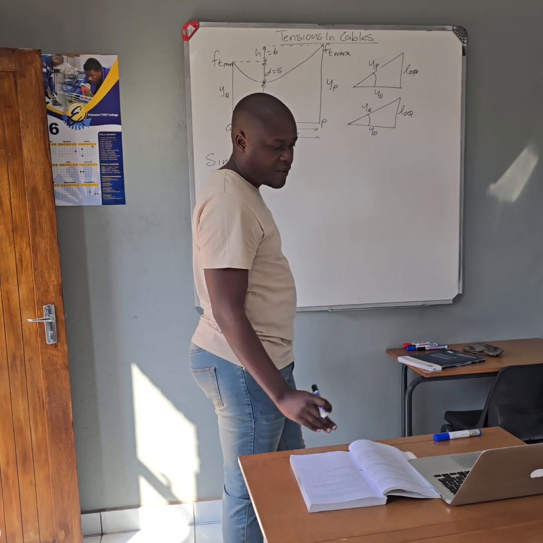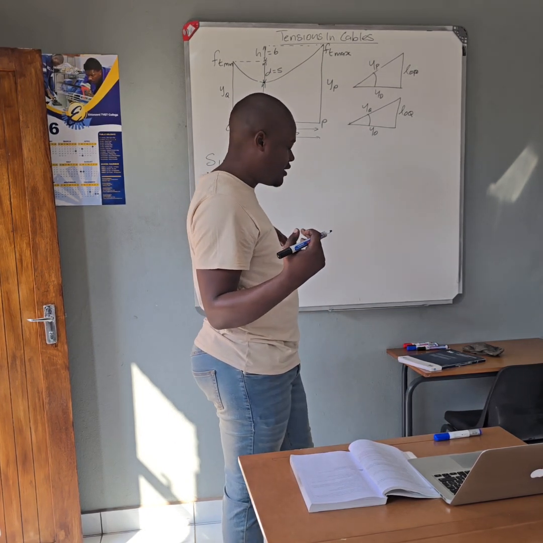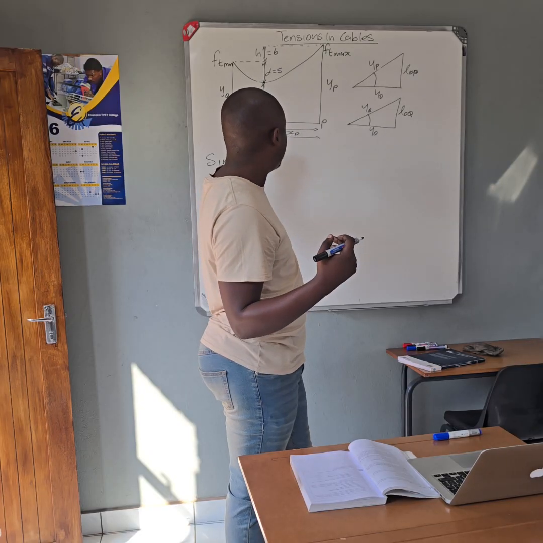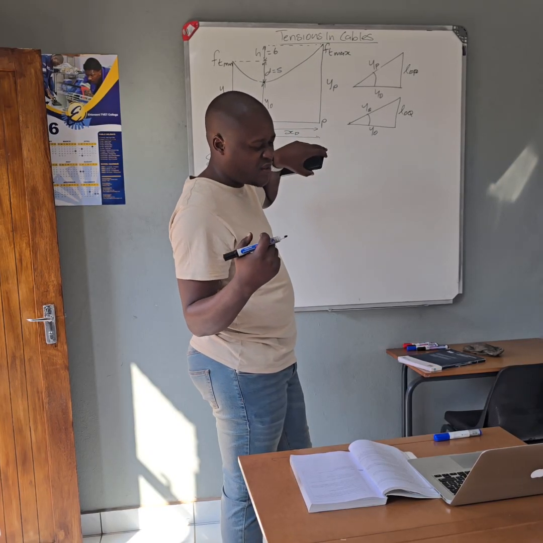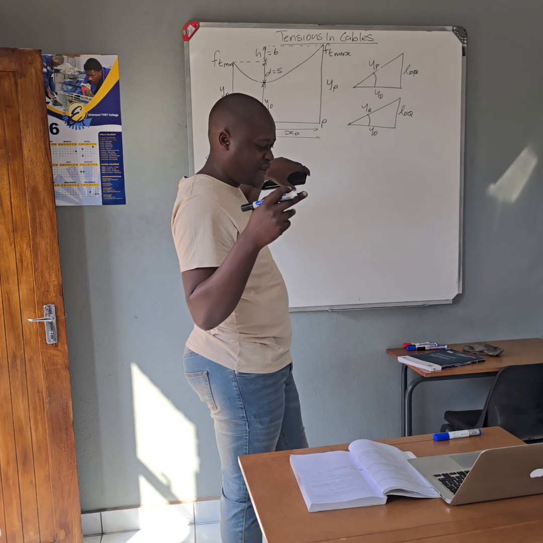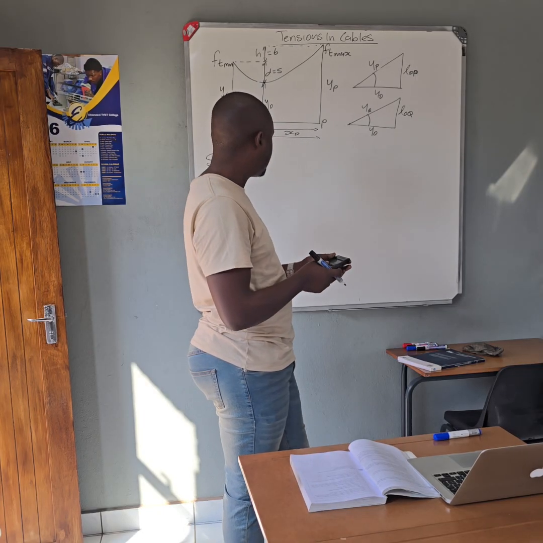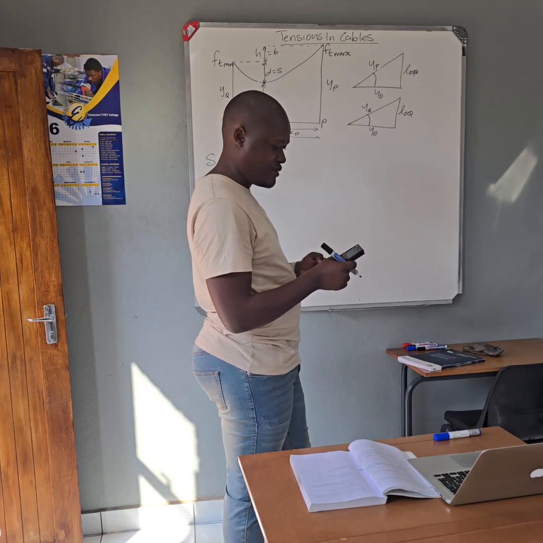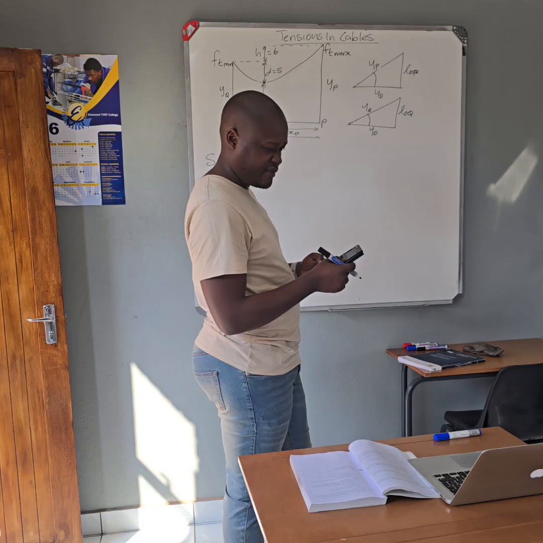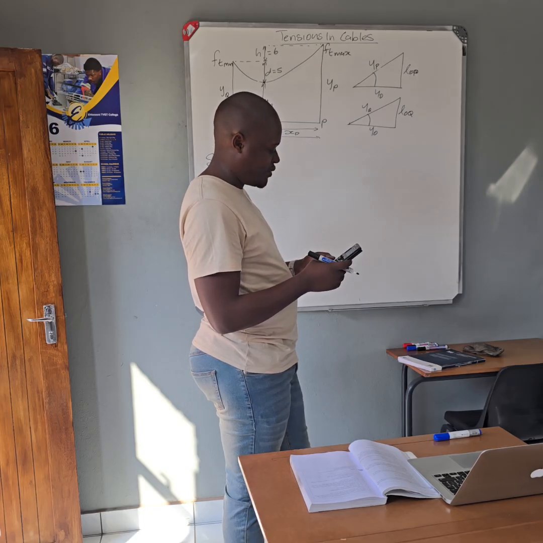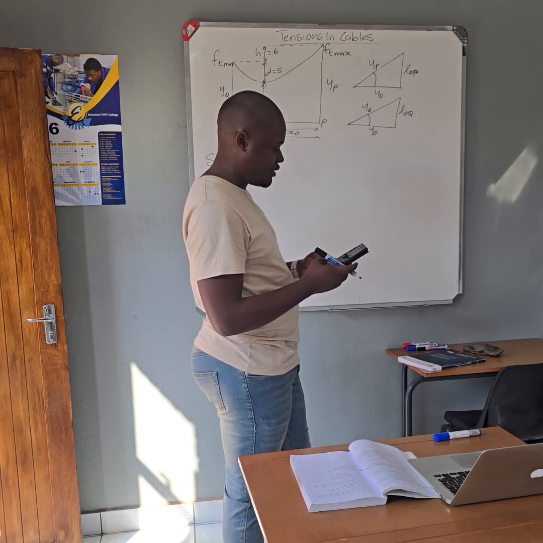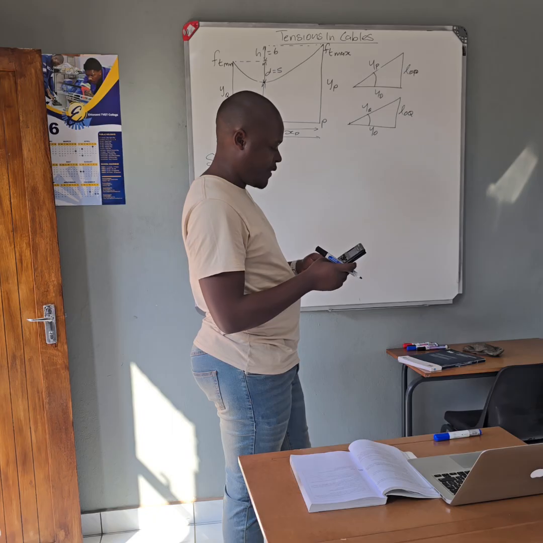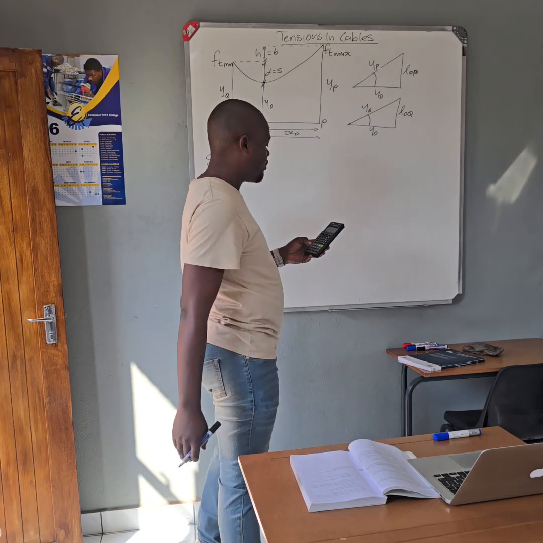Here we've got the length. What's over LOP? We got 25 over the root of 36 squared minus 25 squared, which is 25.904.